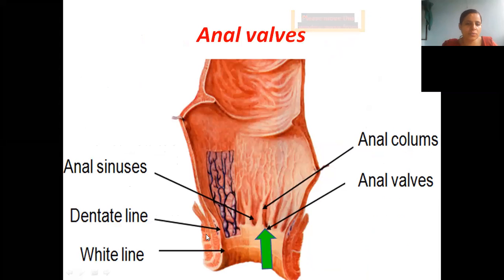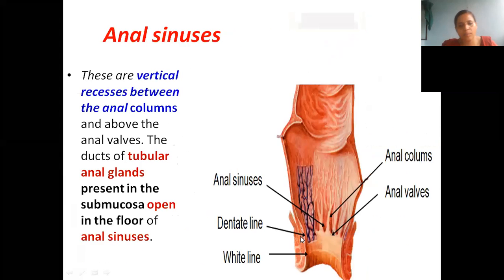Next, I told you: after anal columns, which are mucosal folds, the line is the anal valve, the dentate line. After that, you have openings which are called anal sinuses. These are vertical recesses, recesses meaning openings between the anal columns. Why do we have the openings?